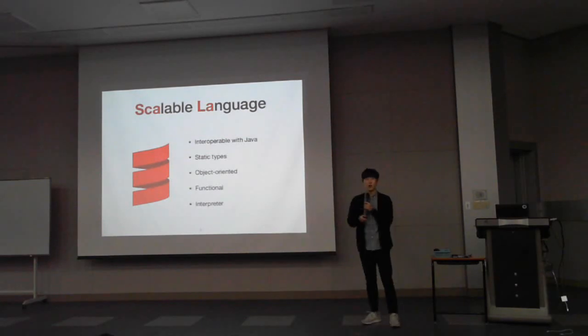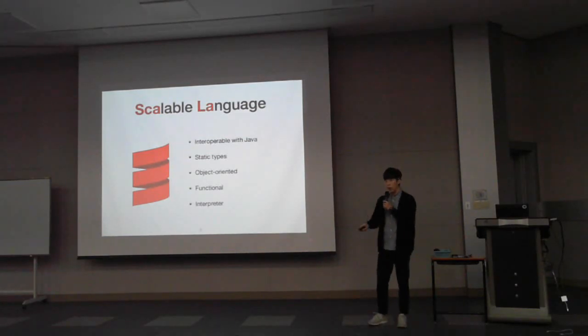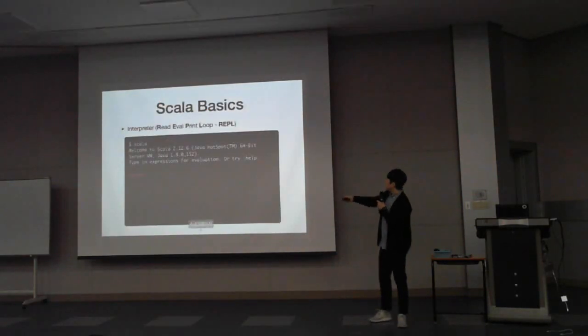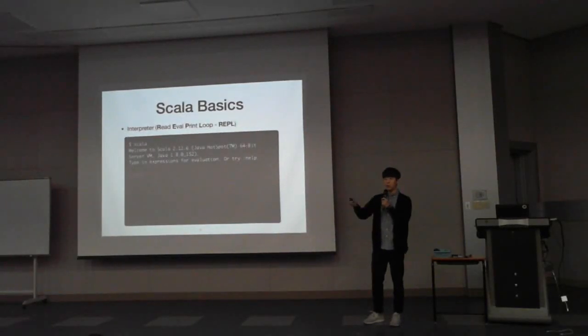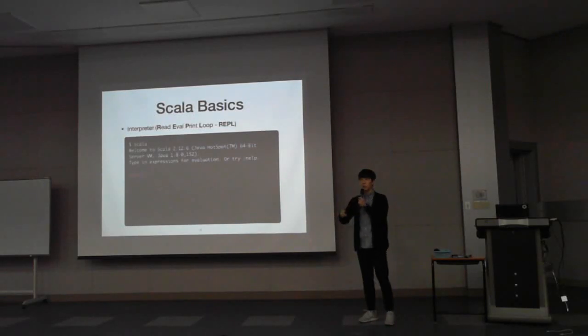And also Scala supports not only a compiler but also an interpreter. It means that you can run a Scala program line by line. Scala supports a REPL style interpreter. REPL means read, eval, print, loop.